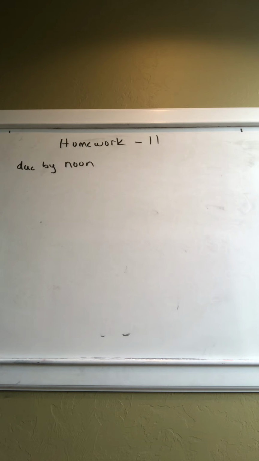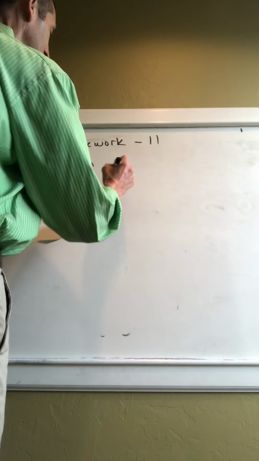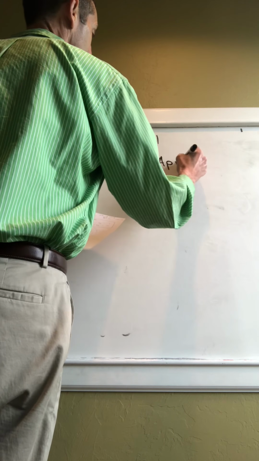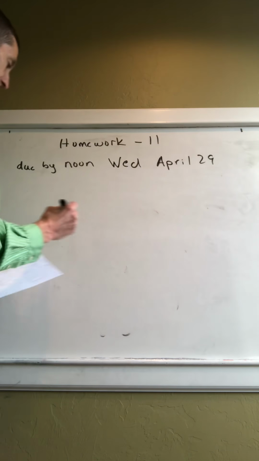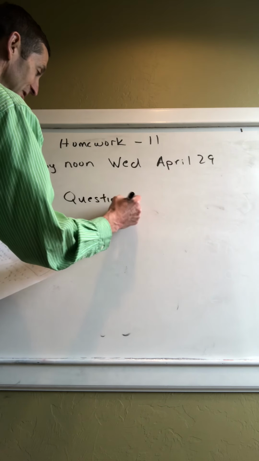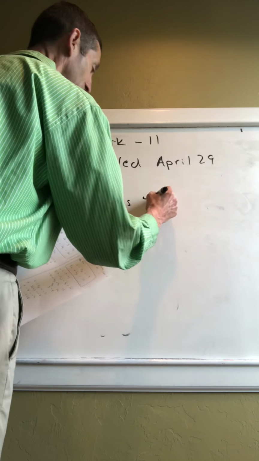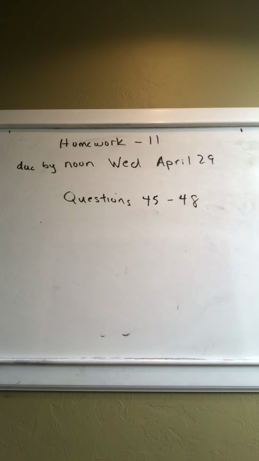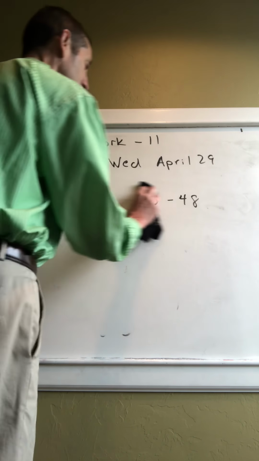What do we got here? April 29th? Yes, indeed. Wednesday, April 29th. And this is questions 45 through 48. All right, well, let's put them up there. So we got the due date, we got the assignment number, we know which questions it falls under.